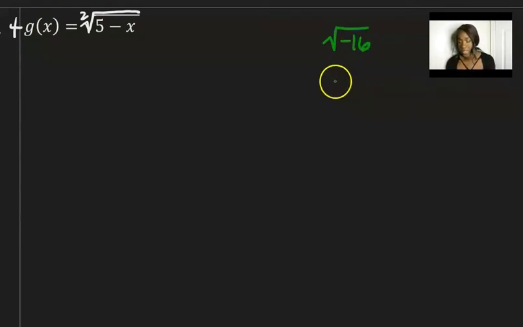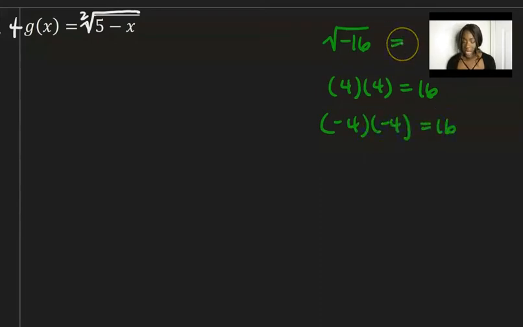So for instance, you can't tell me two numbers that multiply to negative 16 and they are the same number. Because if it was a positive 4, that would give you a positive 16. But if it were a negative 4, that would also give you a positive 16. So sometimes, if you've learned a little bit about imaginary numbers, that's technically an imaginary number because it's not real.